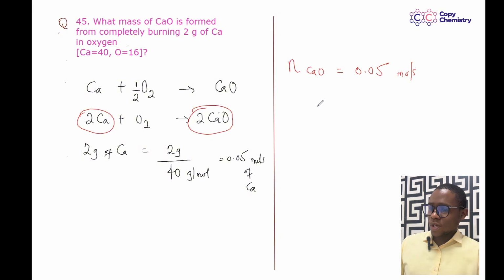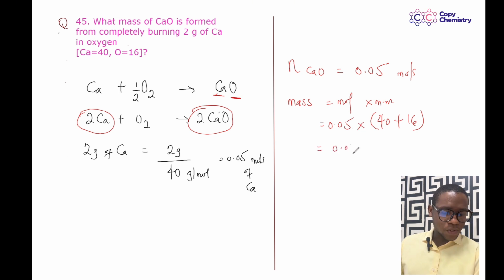So we are almost done with this question because they asked us to get the mass. The mass of CaO will become the moles of CaO times the molar mass of CaO. So that should be 40 plus that of oxygen, which is 16. And you multiply that by the moles you have here.